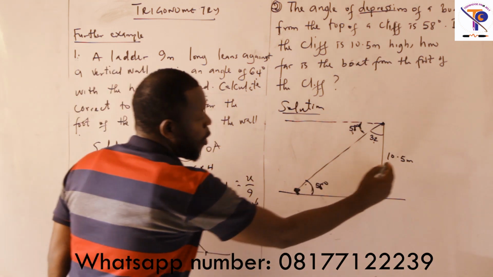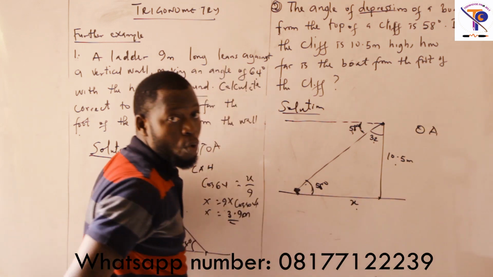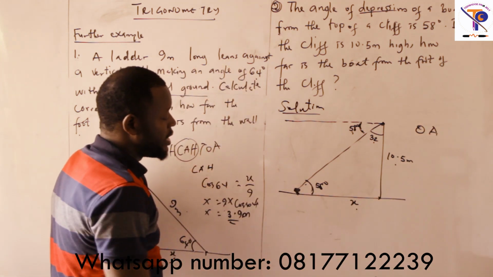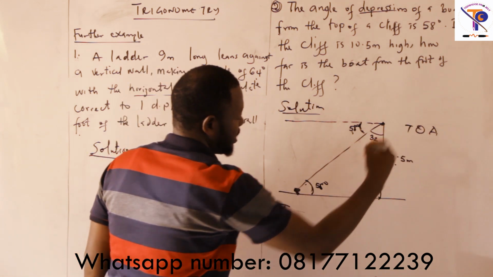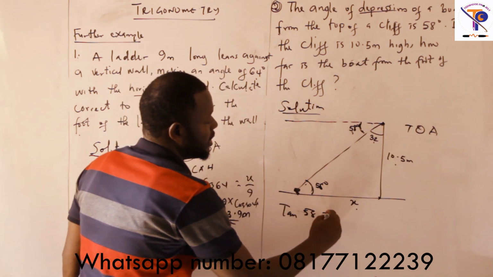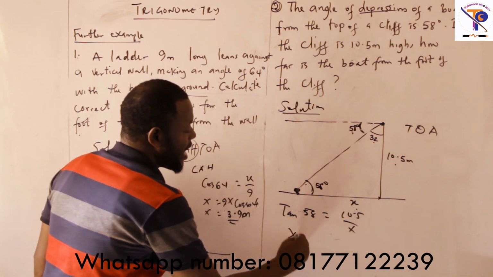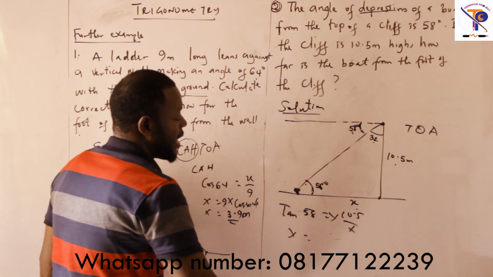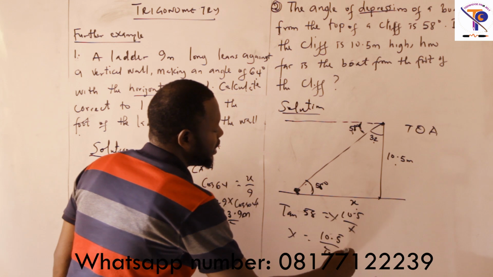So from here we have opposite over adjacent, that is O and A. OA, that's tangent. That is tan 58 is equal to 10.5 over x. If you cross multiply, my x is 10.5 over tan 58.